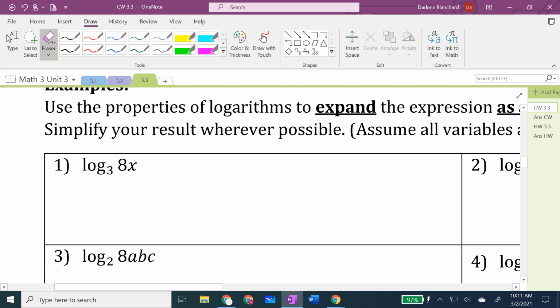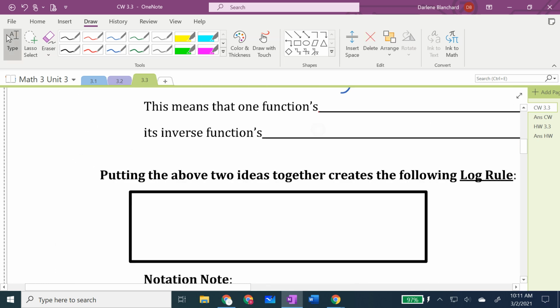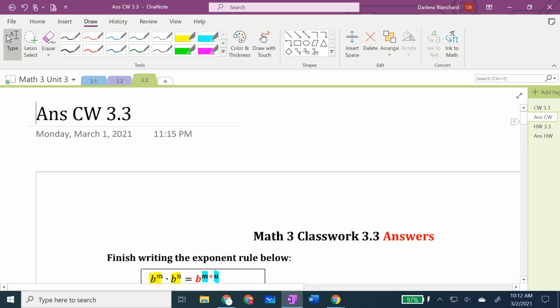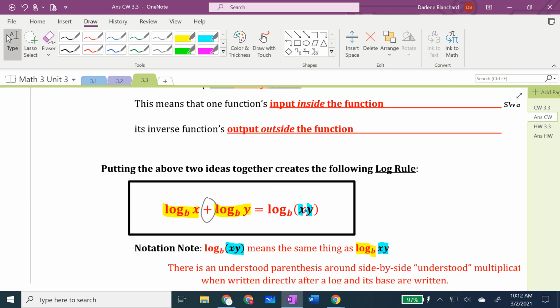So let me go back over to these rules and make sure to clarify. Expanding happens when you go from this situation to that situation.